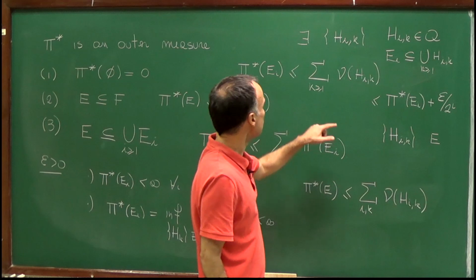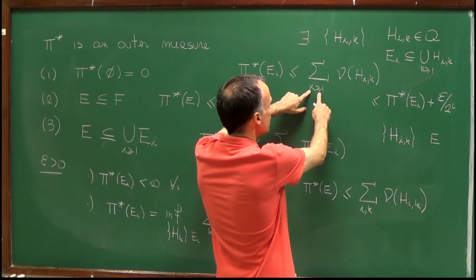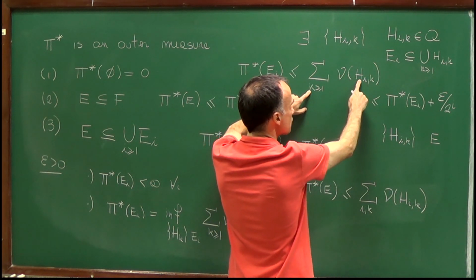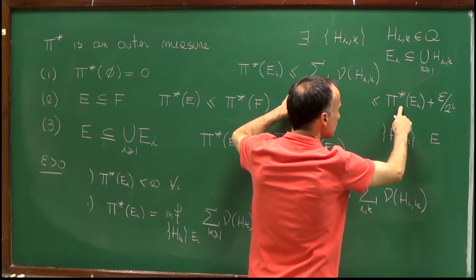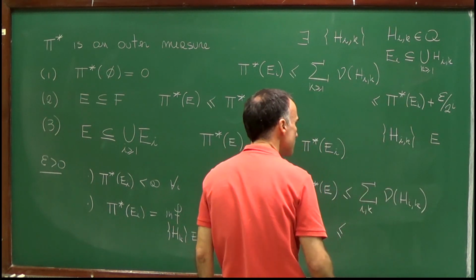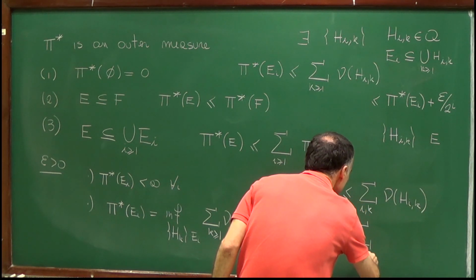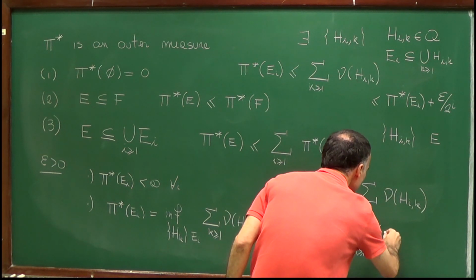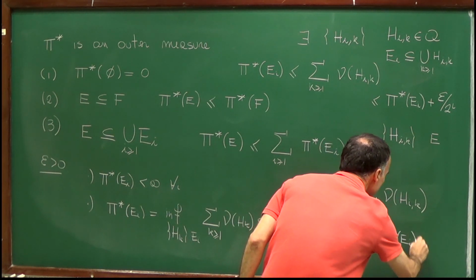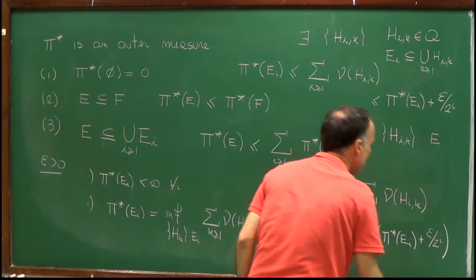Then, if you now observe that for each fixed i, the sum over k of nu of H_ik is bounded by P star of E_i plus epsilon over 2 to the power i, we get that this sum is less than or equal to the sum of P star of E_i plus epsilon over 2 to the power i.